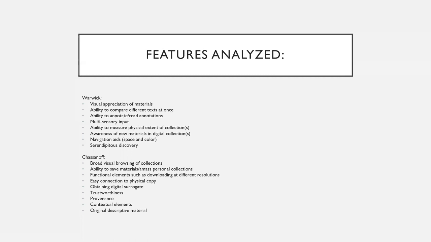So, some of these may be more or less useful to researchers, but there are some that I feel are on a basic level useful for most researchers, and some that are maybe more useful for more advanced researchers, and I'll comment on that as we move through our analysis of the AHC's digital collections. So I'll go ahead and pause this and move into the AHC's digital collections.